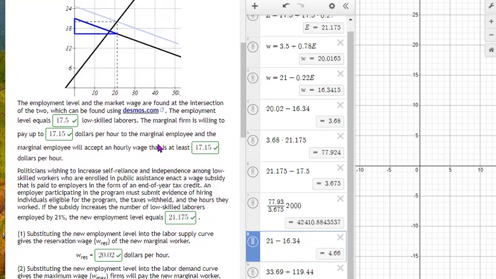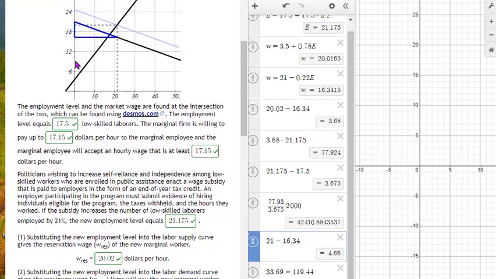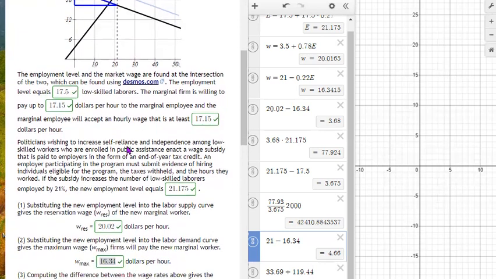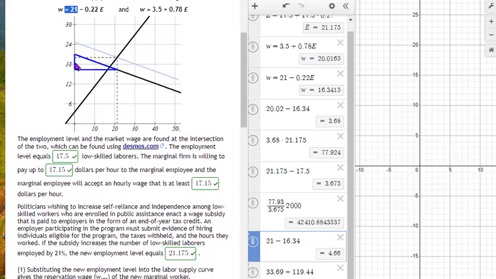So the height of this blue triangle is 4.66. This is the intercept, 21 again, the initial labor demand intercept. And this height here is how much they're willing to pay the new last worker hired, the last worker in the program. And they're only willing to pay that guy 16.34, right?